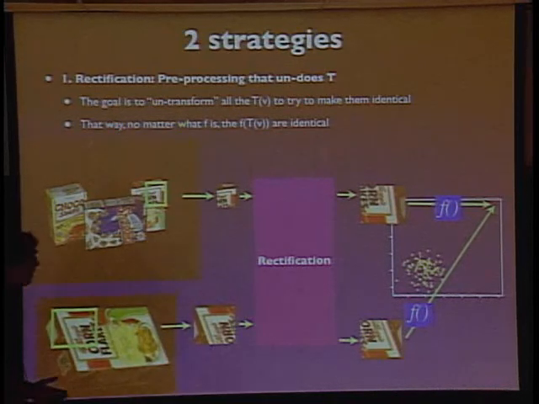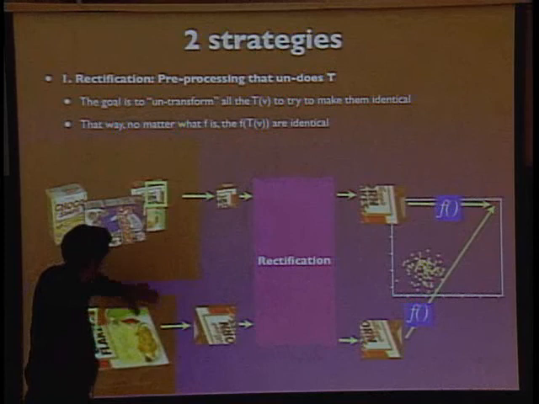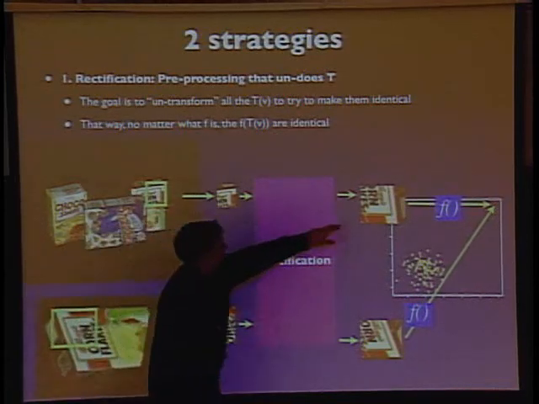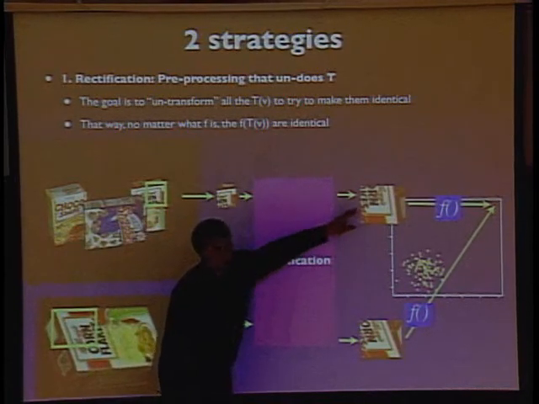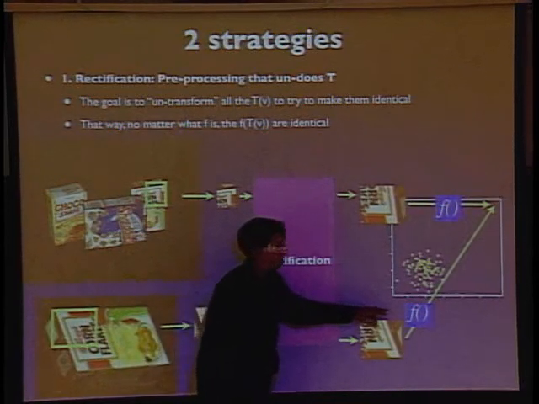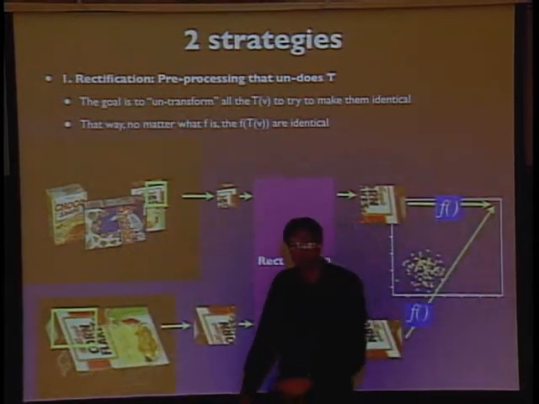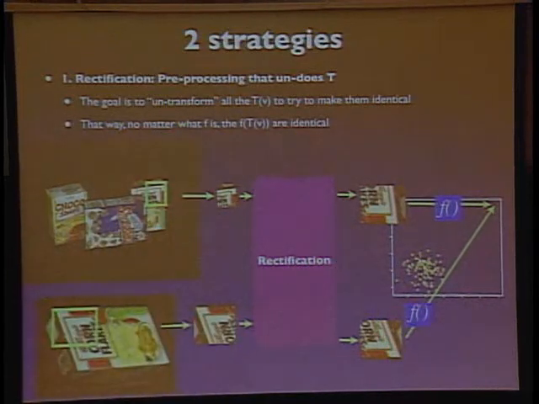So this is just another way of saying that if you take your initial image patches and you remove all the differences between them so that they're basically identical to each other, then you will always get the same features out no matter what the feature function is. Does that make sense? So this is basically taking this invariance problem and converting it into a problem of removing all the variability between image patches, again with the notion of there being a canonical transformation or an identity transformation with respect to your set of image patches of a particular object.